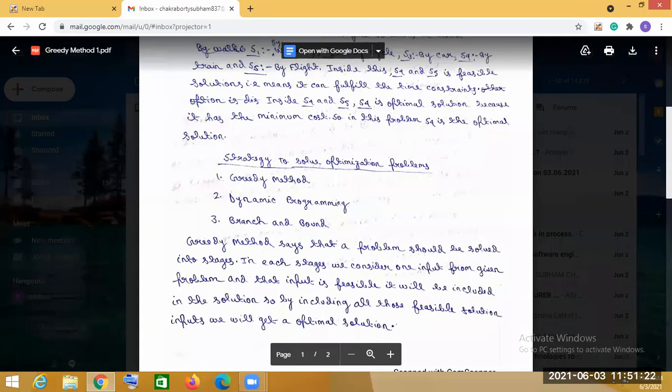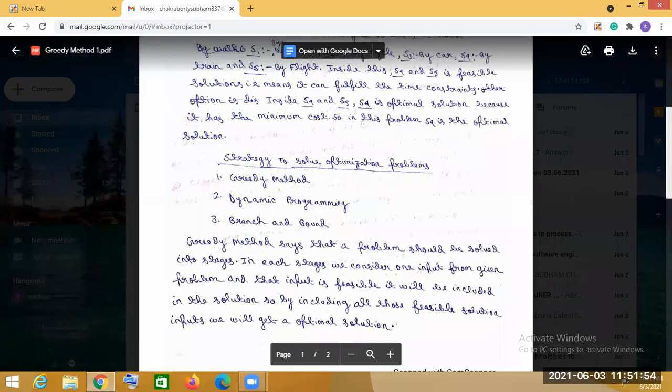This is the greedy approach: in each stage we consider one input from the given problem, and if the input is feasible, it will be included in the solution. By including all those feasible inputs, we get the optimal solution. That means the one selected for the company is the optimal solution. So this is the greedy approach.